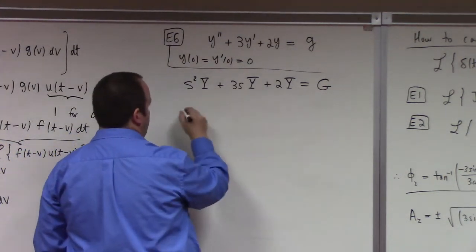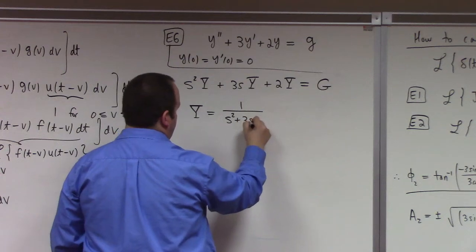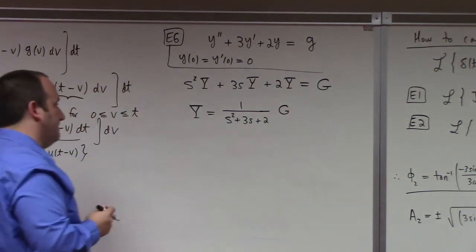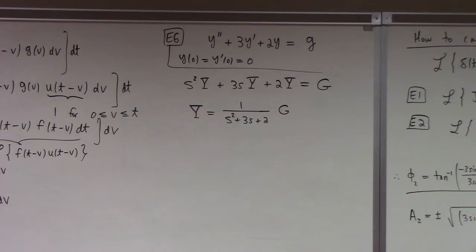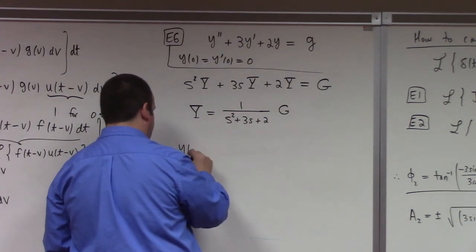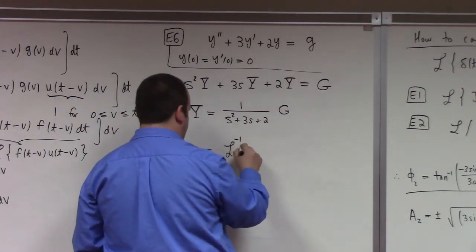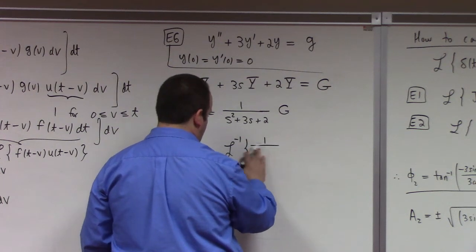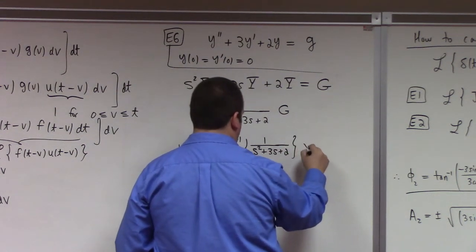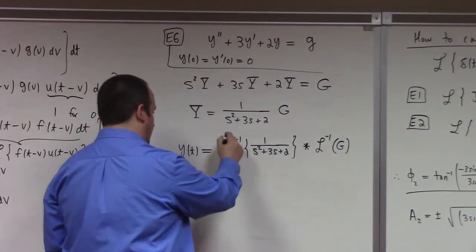In other words, solving for Y, we get Y equal to 1 over s squared plus 3s plus 2, times big G. So if I know about convolution, I can say, aha, y of t is equal to the inverse transform of this thing convolved with the inverse transform of big G at time t.